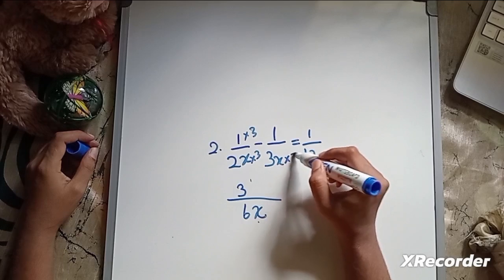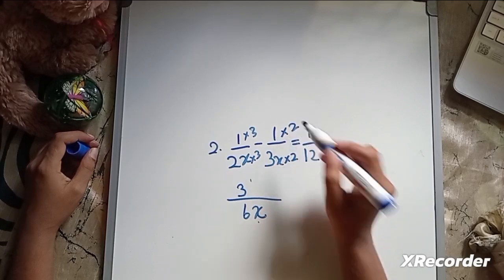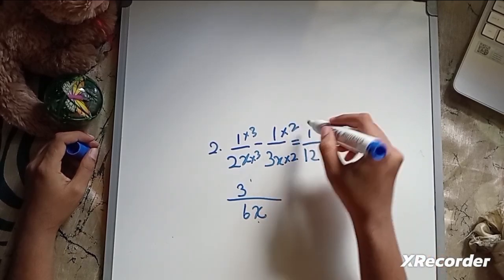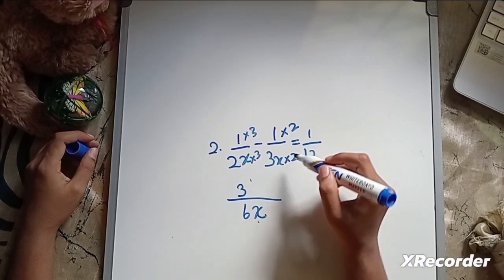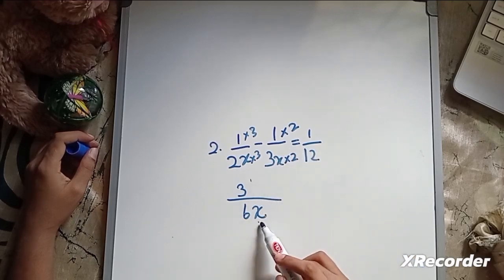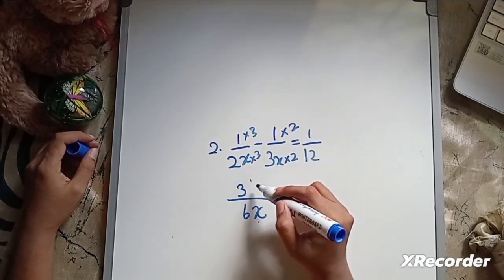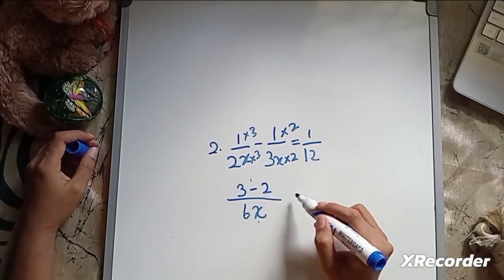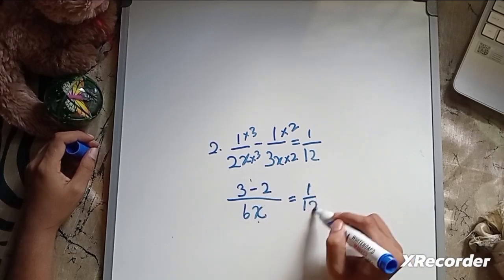Then we can multiply these two by 2, and 2 into 3x, 6x. 2 into 1, 2. This is equal to 1 over 12.